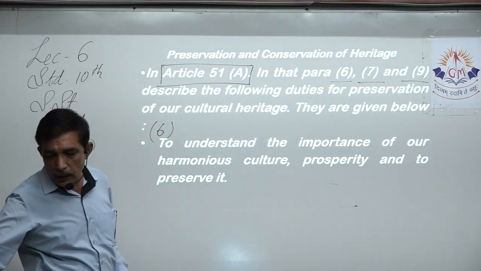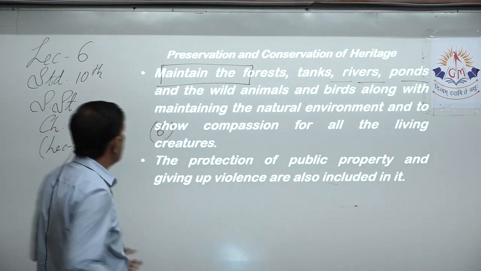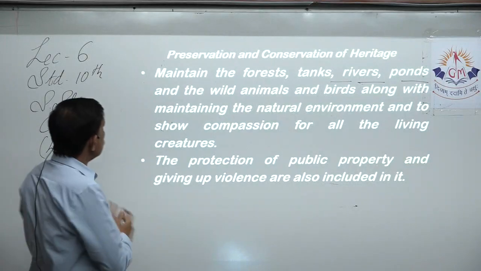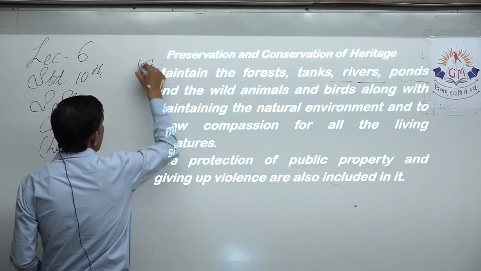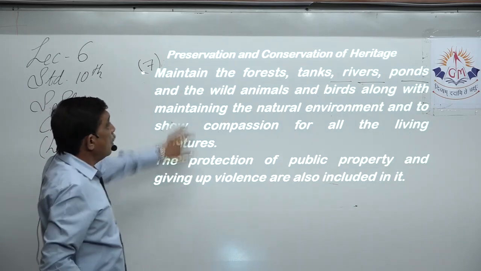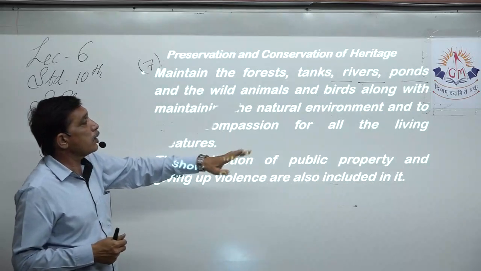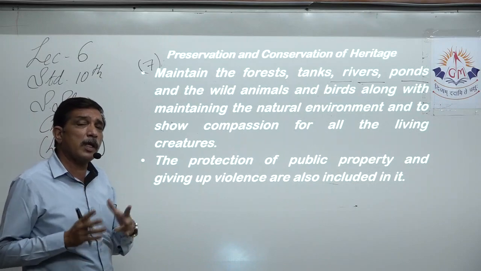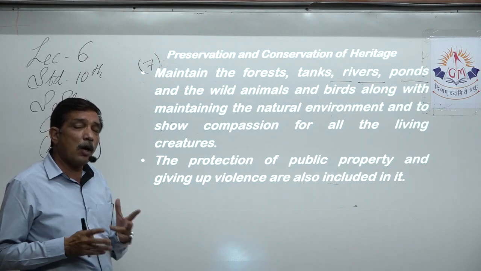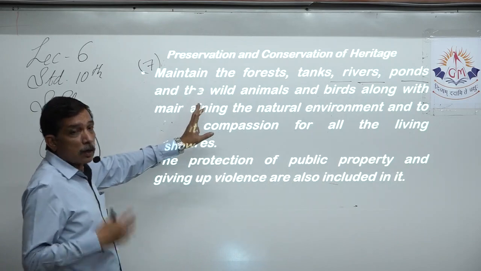What is given in para 7? This is para 7. Article 51A, para 7. We are asked to maintain the forest, tanks, rivers, ponds. It's not only the duty of the central government or the state government, but if we are living in that area or if we go to visit any other area, then it is our duty to maintain the forest, not harm it.